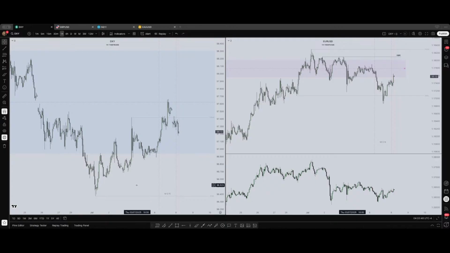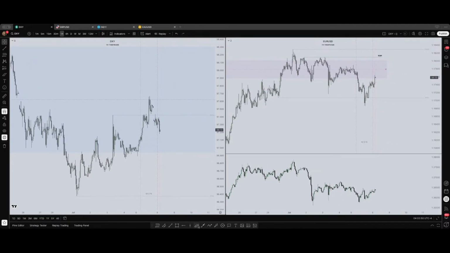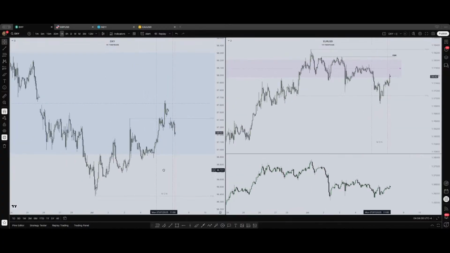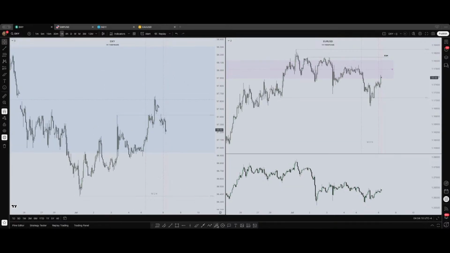Right now in this left chart we have the dollar, which I like to observe because normally it's asymmetric with the other pairs like EUR/USD or GBP/USD. Price started Monday, well yesterday, going from the sell side to the buy side, a straight movement.